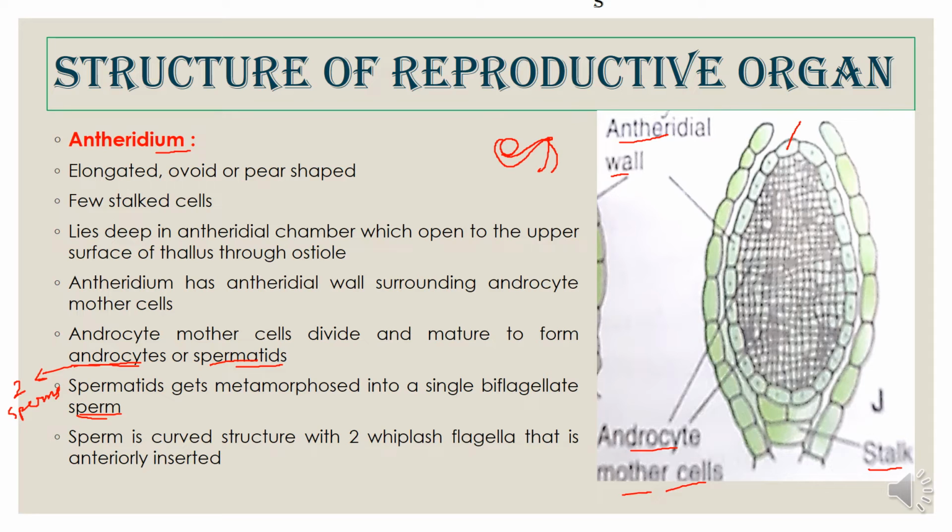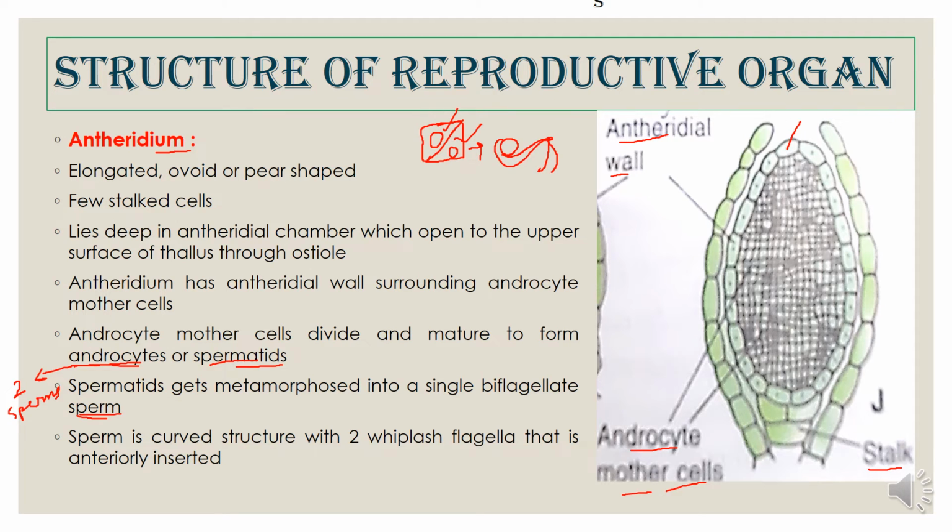This is the androcyte mother cell, and this is the androcyte. Each of these androcytes has a large nucleus, and each of them forms a sperm.